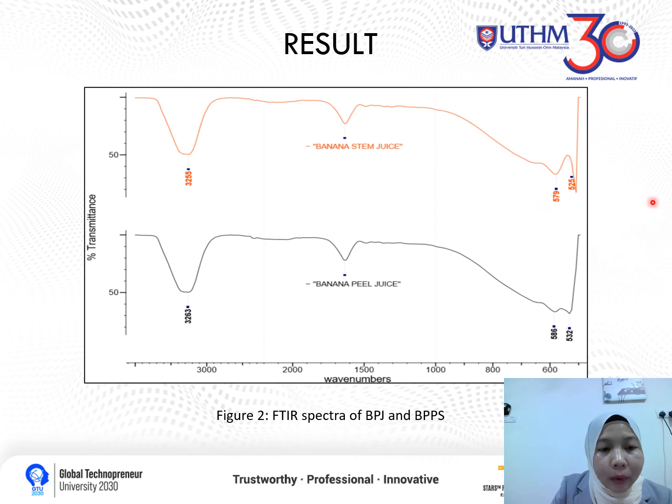The wave numbers of 579 and 525 in the BPPS and BPJ respectively were contributed by the C-I stretching, aliphatic iodo compounds. There is also the presence of a few peaks that could be attributed to other compounds such as ester, polysaccharide, and also protein in the coagulant.